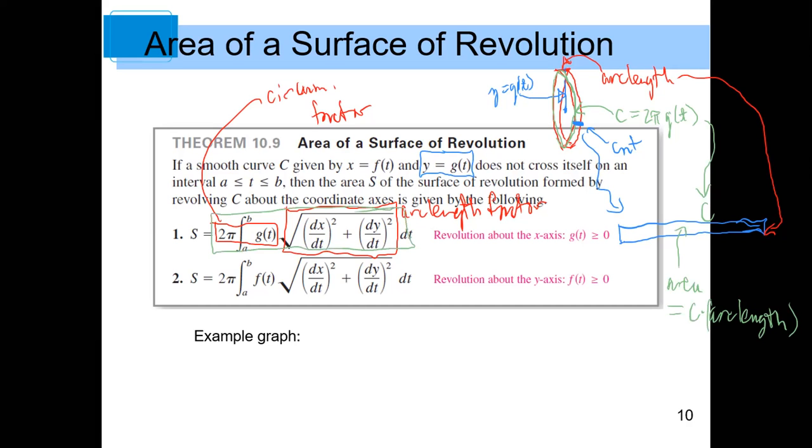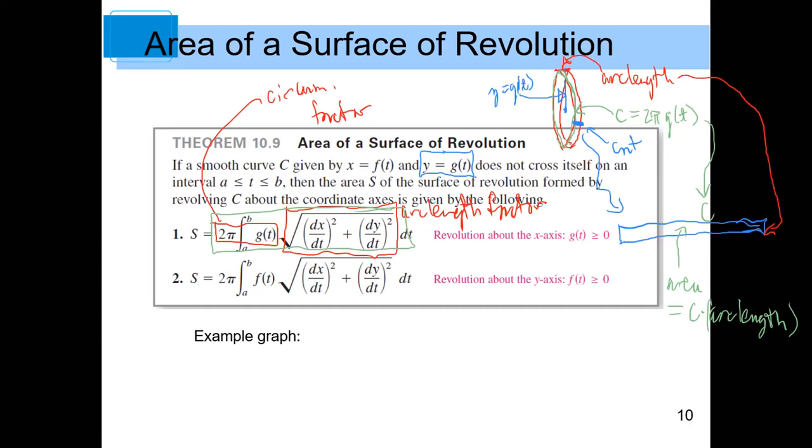It's the circumference at a given point times a little piece of arc length. Then when I integrate, it adds together all of those areas. These are basically like belts all the way around the revolved surface. Okay, so that's kind of a makeshift explanation of the area of the surface of revolution.